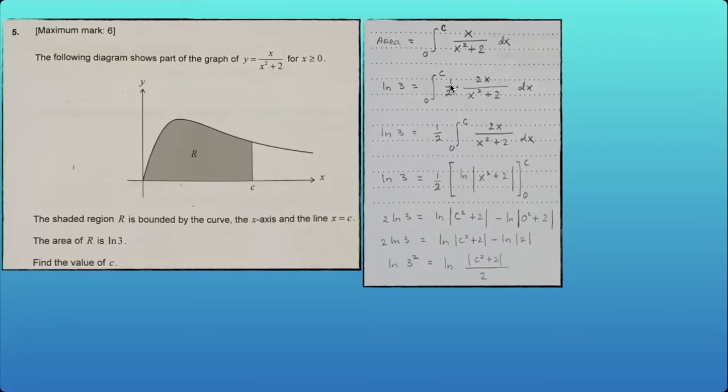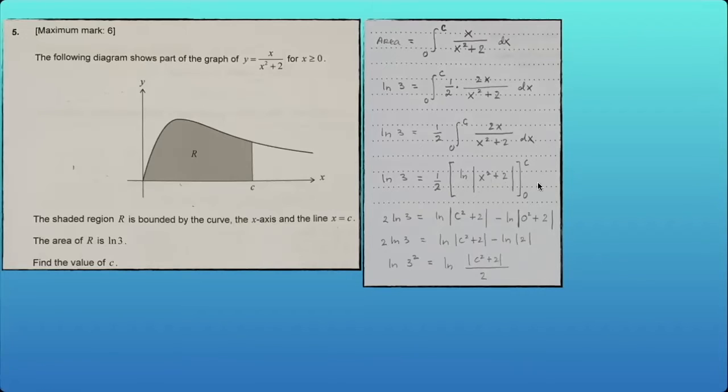Now we can take half outside to end up with this expression, 2x over x squared plus 2. Again, if we differentiate the denominator, we get this 2x. Therefore, the integral of this expression is equal to ln of the absolute value of x squared plus 2.